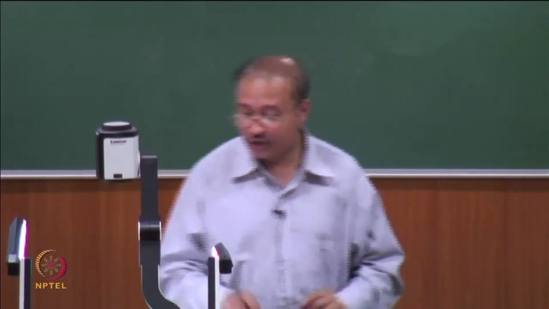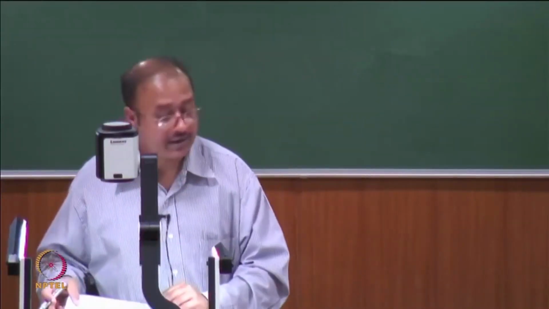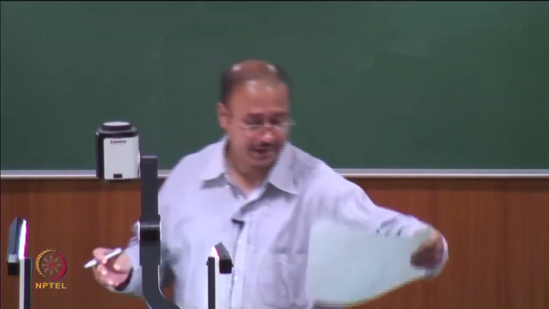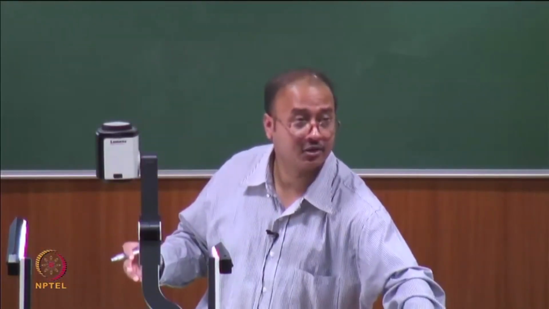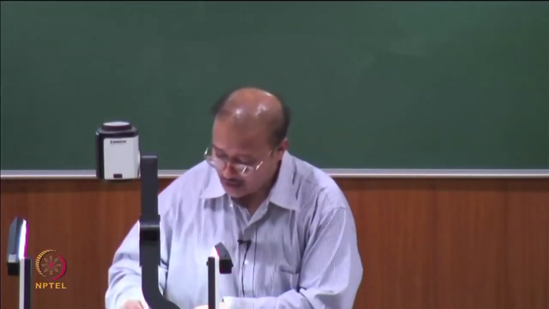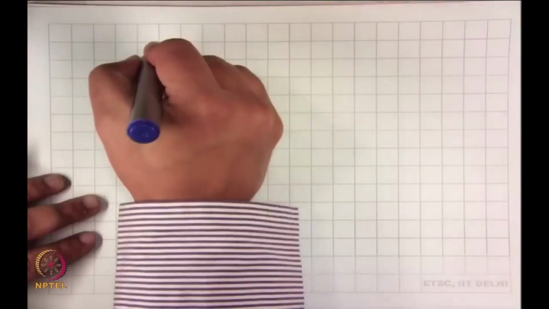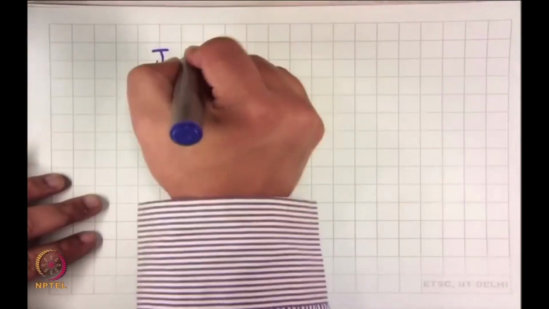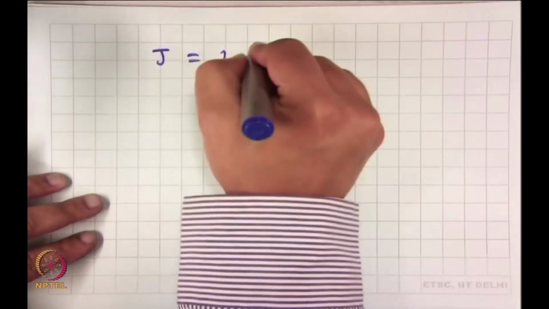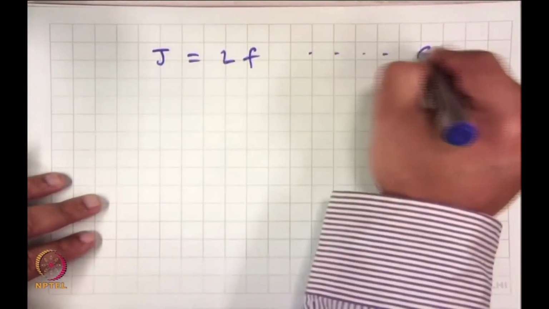So then what you can understand is, it does not matter for any flux, whatever fluxes we talked about, I can write a general expression for J to be equal to L times F, let this be 6, I should have written this earlier.